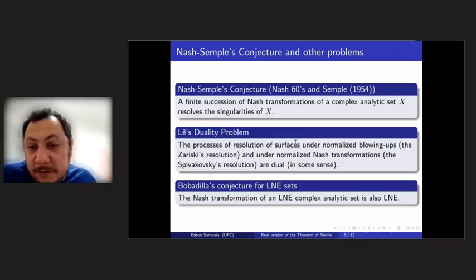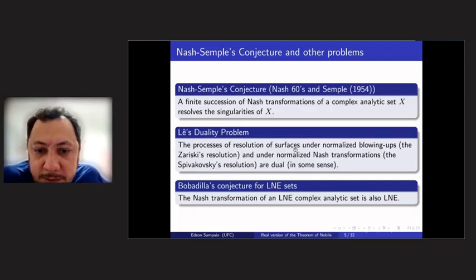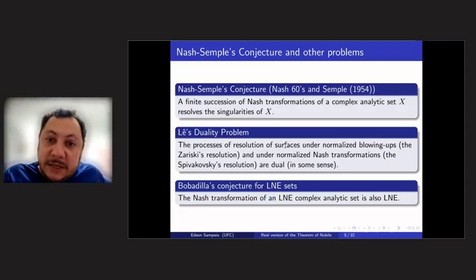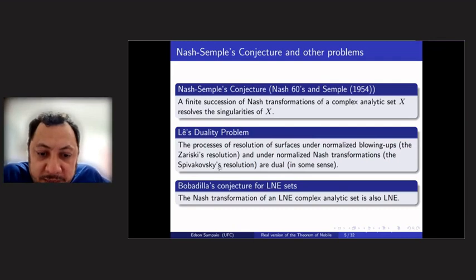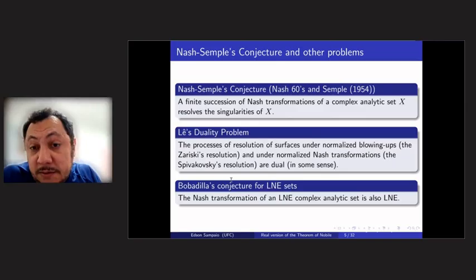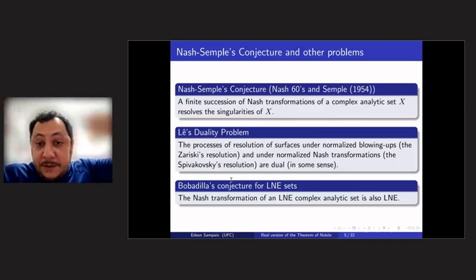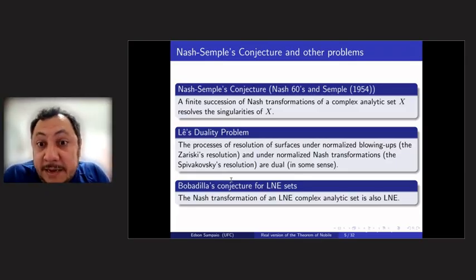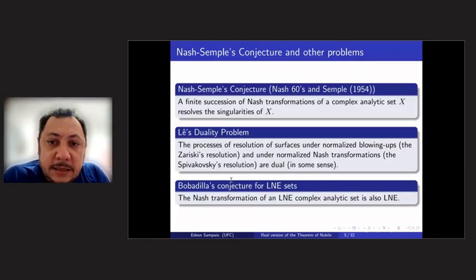Here, the ambient can be some Riemannian manifold, not only a Euclidean one, because I'm asking about LNE on sets in the Grassmannian, for example. So the problem asks: if you have a Nash transformation of an LNE set, is it LNE as well? After you transform an LNE set by Nash transformation, it asks if this is LNE as well.